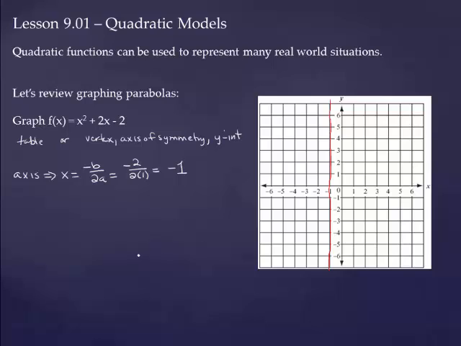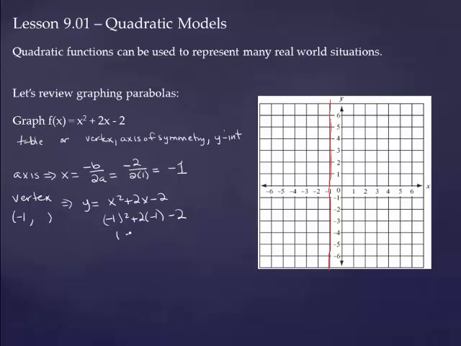Now that I found my axis of symmetry, I can use that to find my vertex. My x value is going to be negative 1. I just need to find my y value. So I set my function equal to y. Plug in negative 1 for x.